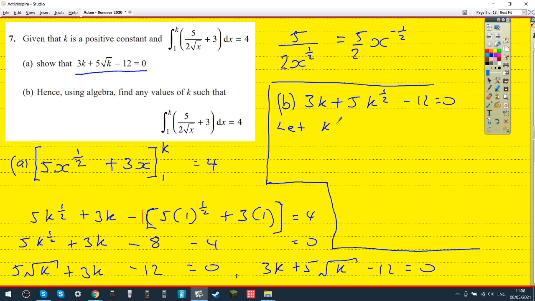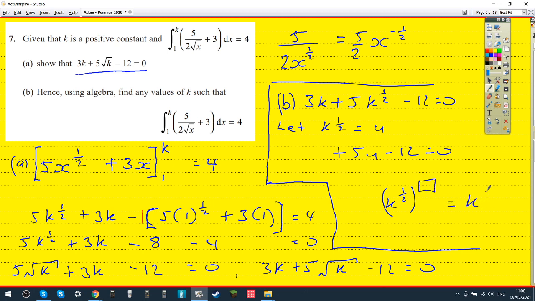Let's say k to the half is equal to u. So what would it become then? 3k plus 5u minus 12 equals 0. However, k to the half to the power of what gives you k?